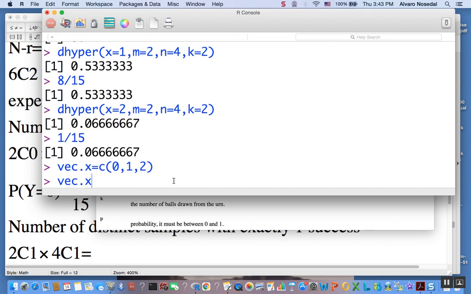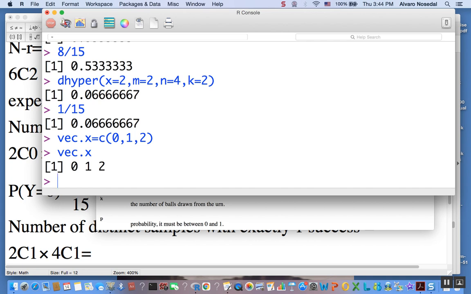We can make that assignment using the equals sign, and I'm just retyping the name of the object I just created to make sure that I have there what I actually want. Now let me show you something. You could use this function for individual values or for a group of values.